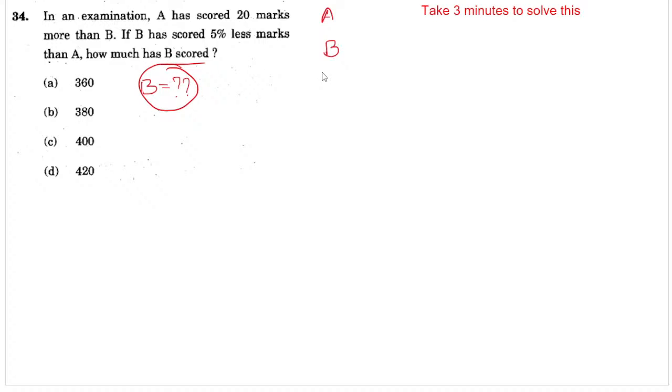So just mark it out here. They are saying that A has scored 20 marks more than B. So A is equal to B plus 20.